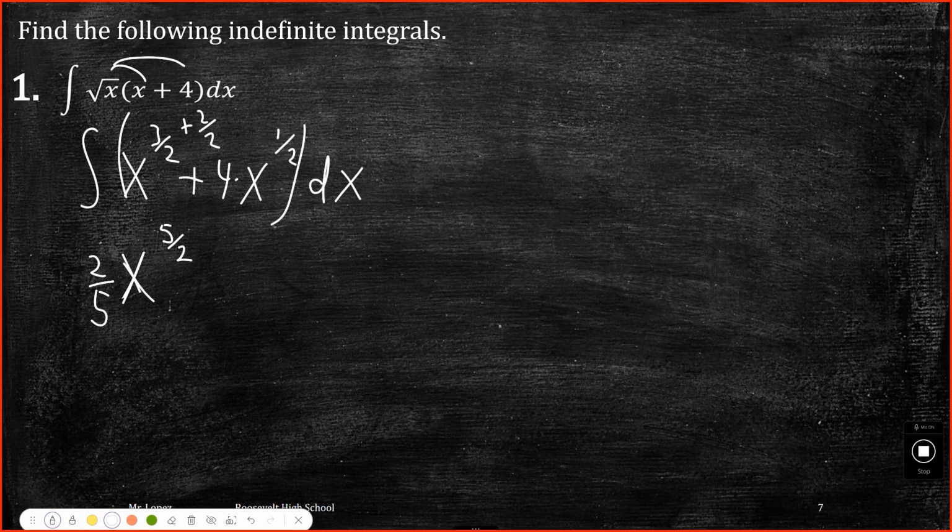And this is going to be plus x to the 3/2, divided by 3/2, so that 2 goes to the top. With the 4, I'll do it on the side: 8/3. So this should be 8/3 x to the 3/2. And don't forget the plus c.